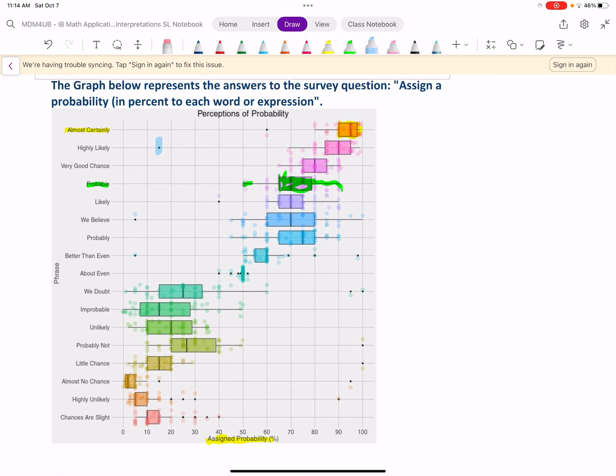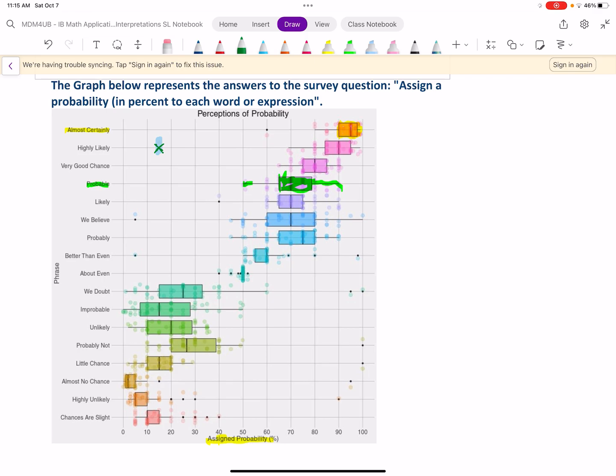For example, for "highly likely," somebody answered 15%. Clearly they misread the question or whatever, and I probably wouldn't include that. So in this case, they didn't include it as a minimum. They've left it out here. Sometimes they'll even put an X like this to show that it's an outlier.